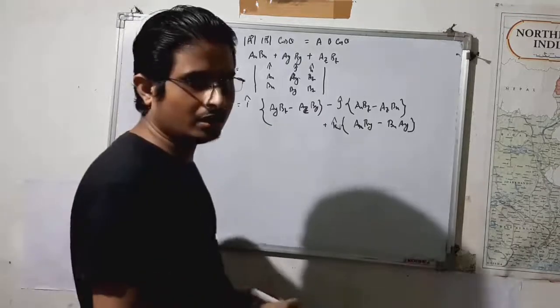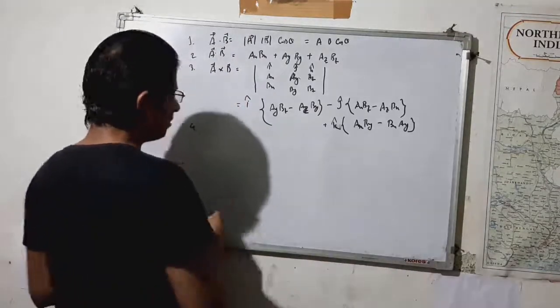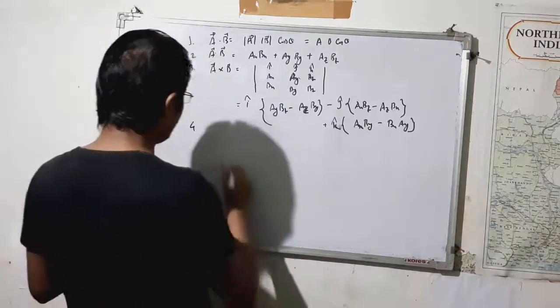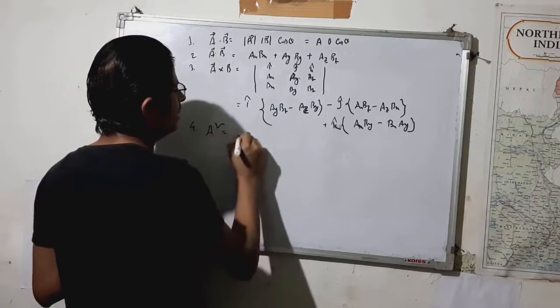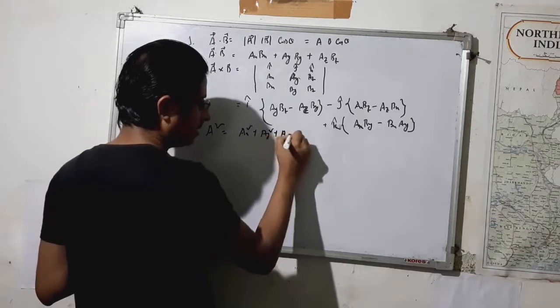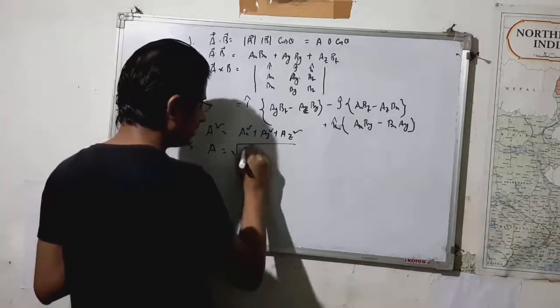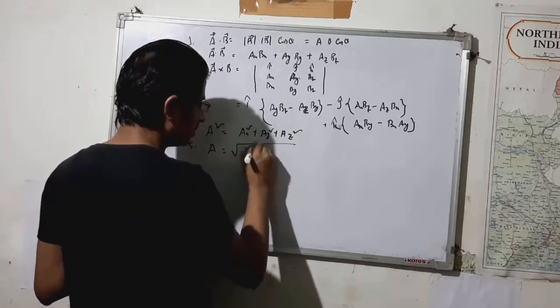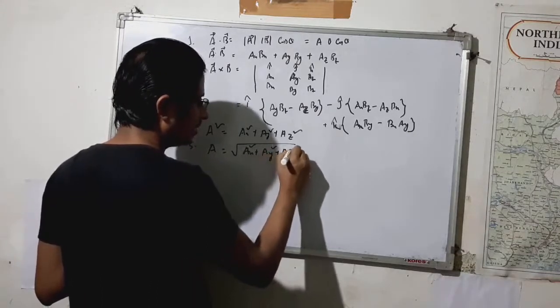Today we have learned how we can calculate the magnitude of a vector and the square of a vector. For a vector A, its square can be written as AX square plus AY square plus AZ square, and the magnitude can be written as the square root of AX square plus AY square plus AZ square.